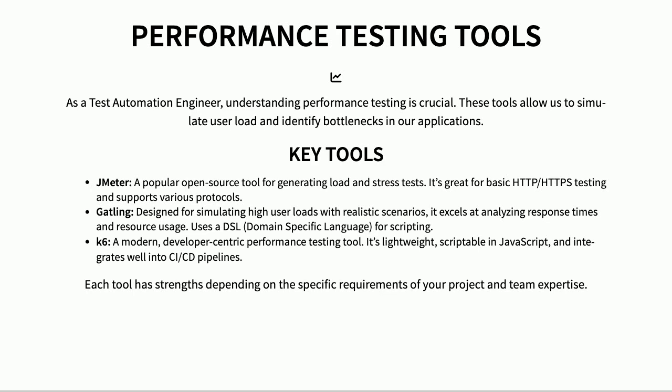It works great for basic HTTP testing. Then we've got Gatling. It's specifically designed to simulate high user loads with realistic scenarios, so we can really dig into response times and how resources are being used. And finally, k6, a newer player in the game. It's super lightweight, scriptable using JavaScript, and works really well alongside our CI/CD pipelines.